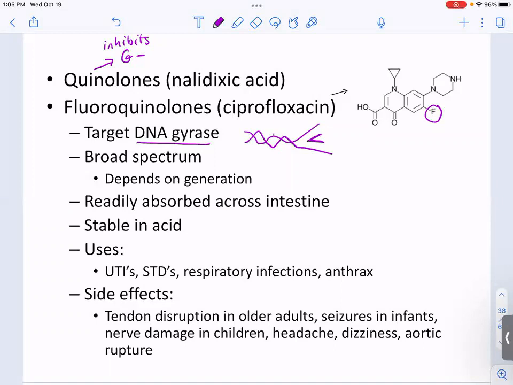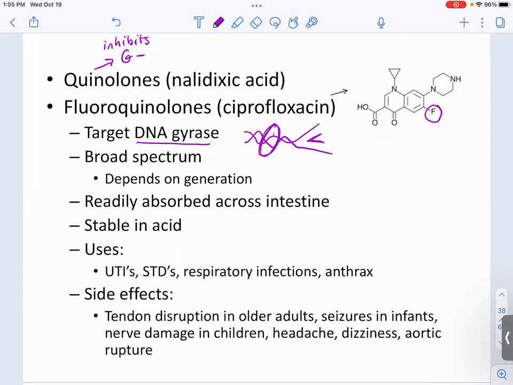And upstream, that DNA gyrase works upstream here as those two strands of DNA are getting pulled apart. Upstream gets kind of tangled up, supercoiled, so that DNA gyrase cuts both strands, unwinds it, and seals them up again.